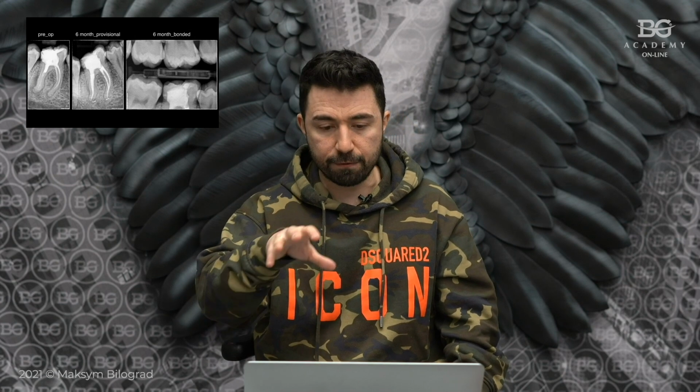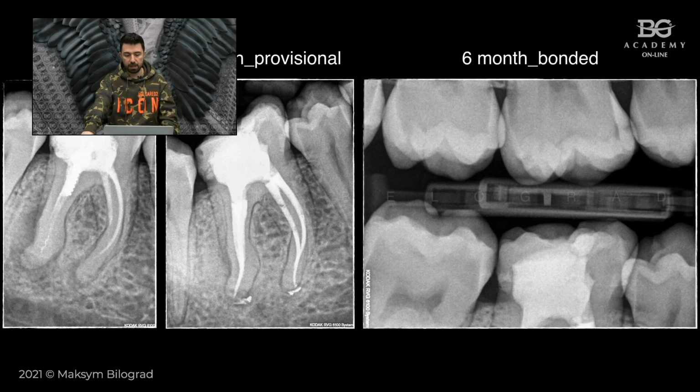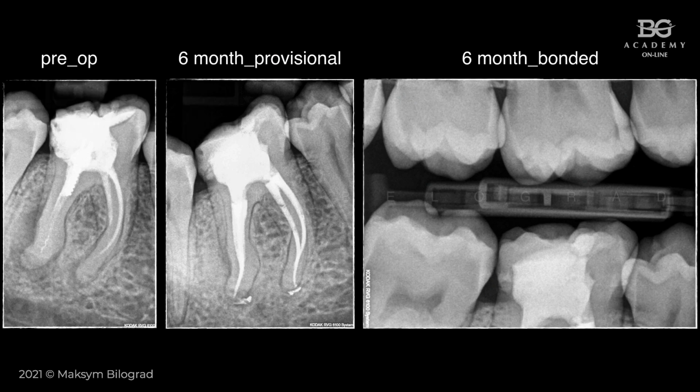And here you can see before and after endodontic treatment. We have followed up the case for 6 months with provisional restoration before going into the final one. So we see that after 6 months we have a healing process, and it gave us the possibility to change the provisional restoration to the final one.